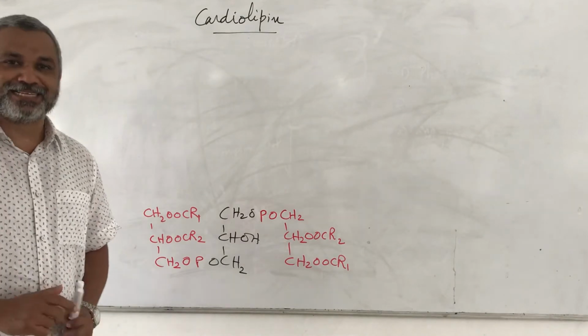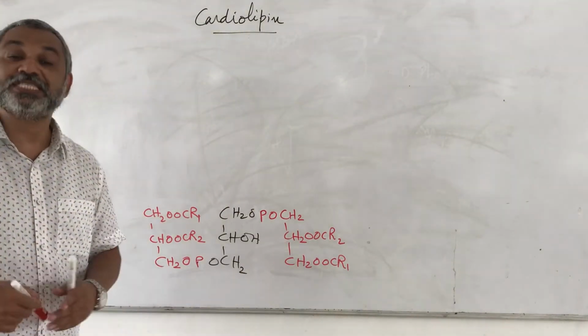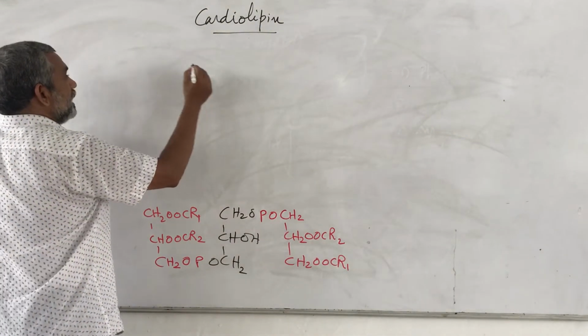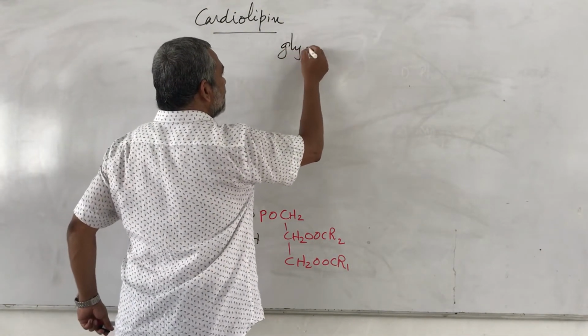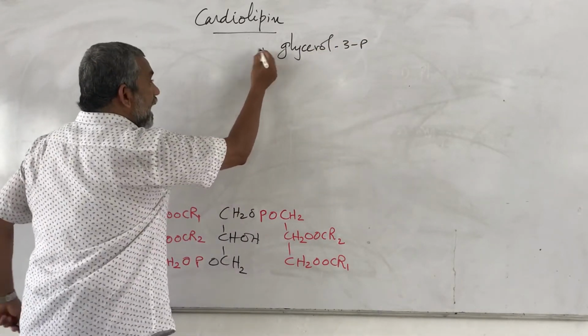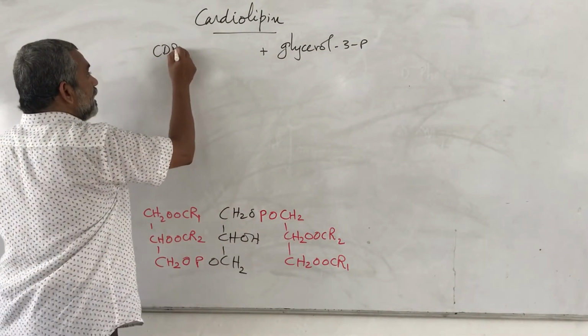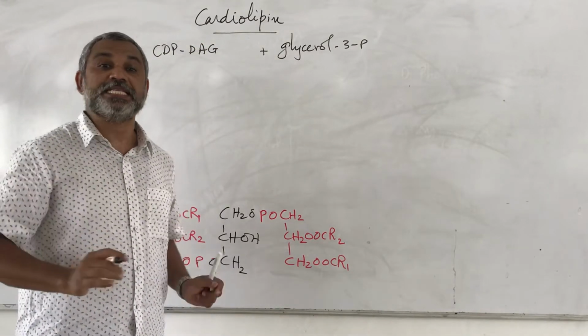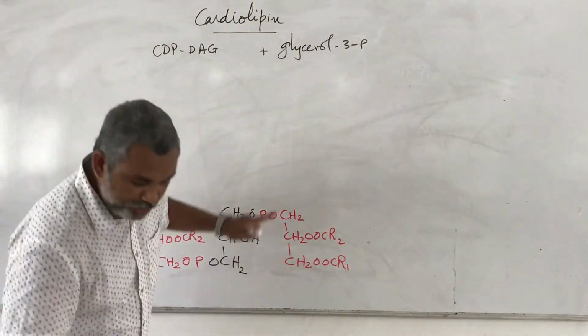In the starting of synthesizing this molecule, we will begin with glycerol 3-phosphate and CDP diacylglycerol. So these are the starting materials for synthesizing cardiolipin.